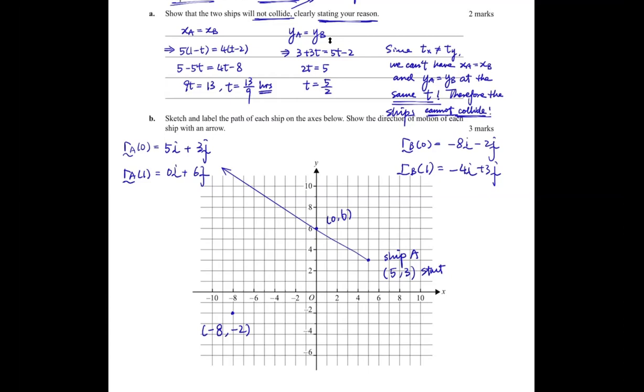For angle between the path of two particles, you always want to use velocity, okay? So let's have a look.